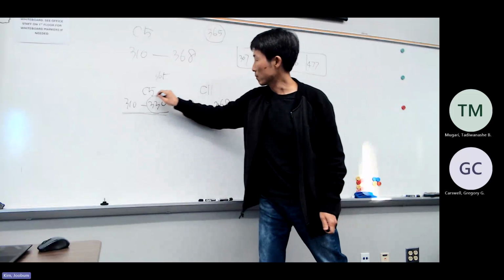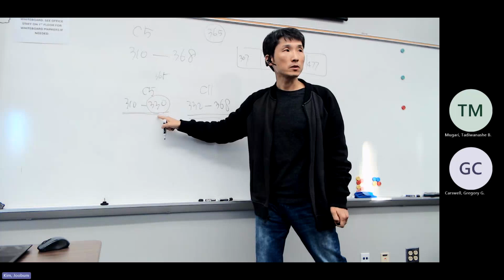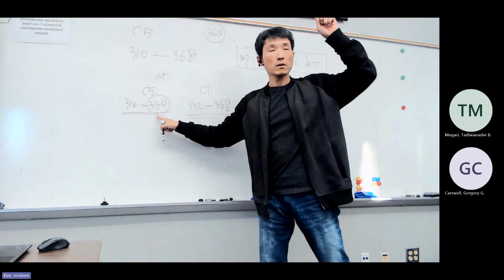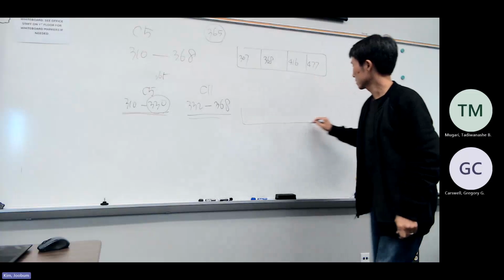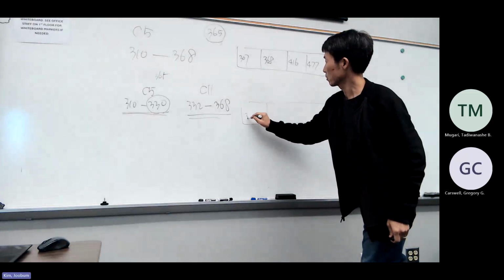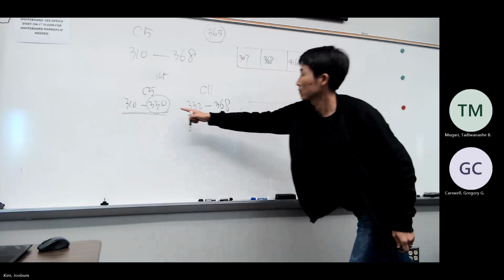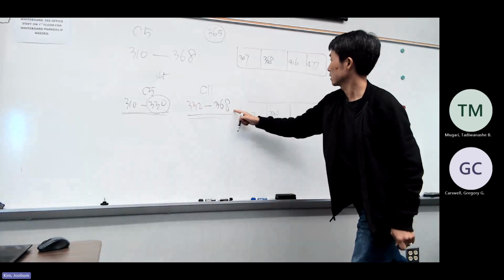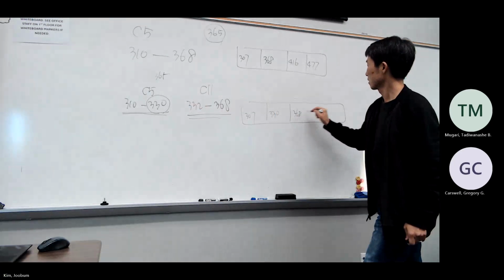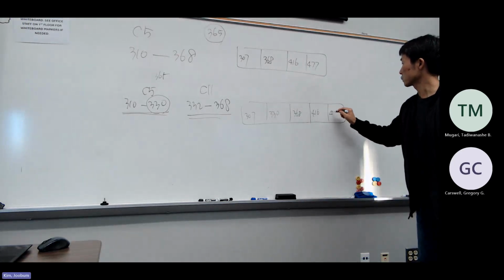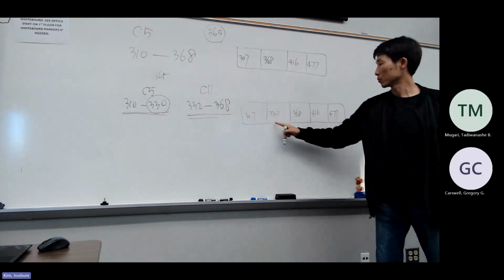So the maximum salesperson ID should be inserted into the node, right? So in this case, 307, 330 from this one, 368, and the existing ones, 416, 477. 1, 2, 3, 4, 5.